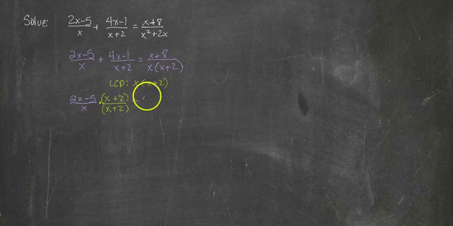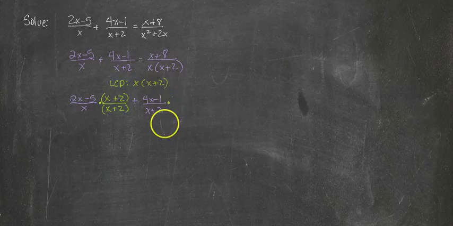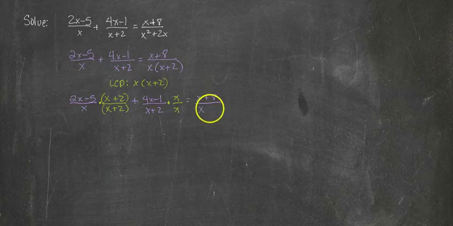Plus the second fraction times an expression of 1 involving the missing factor for this denominator, which is just x, equals (x + 8) over, well, this has the entire common denominator, x times (x + 2).